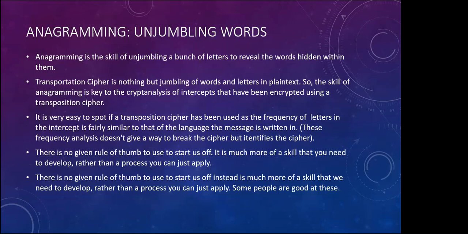But this can be a method to identify that we have used a transposition cipher. It won't help us identify which kind of transposition cipher or route method was used to encrypt it. That is a skill we should develop.